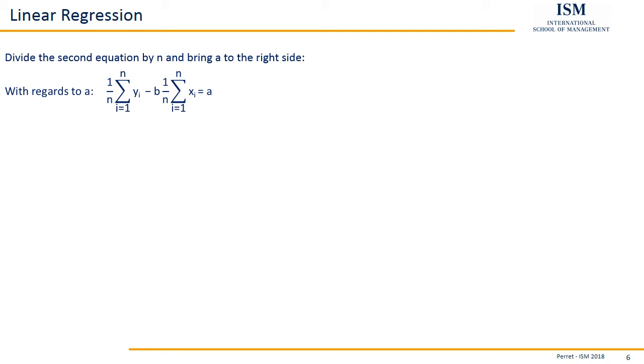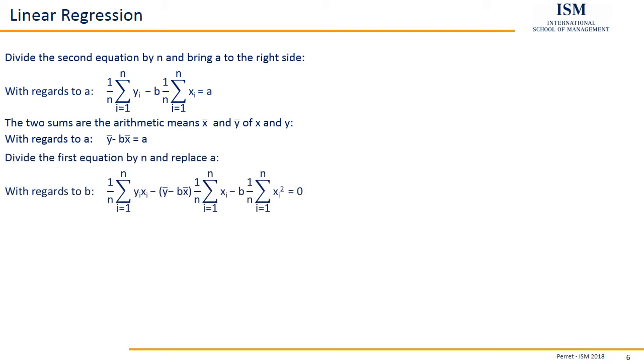This is more or less the mean of y, and the second part is more or less the average of x. So we can simplify this to read as mean of y minus b times mean of x equals a. So this was one of our two equations.